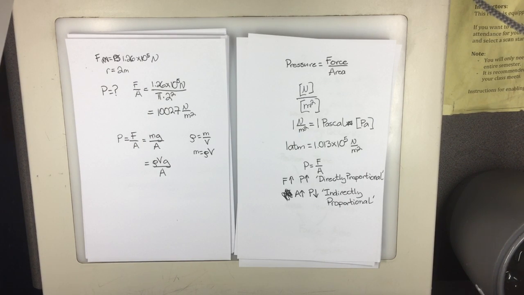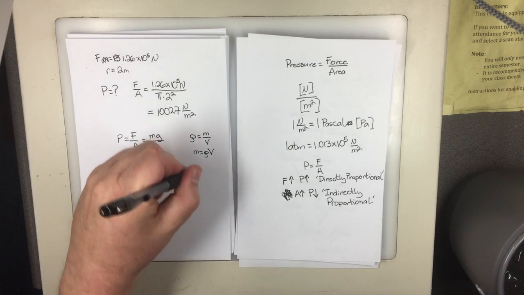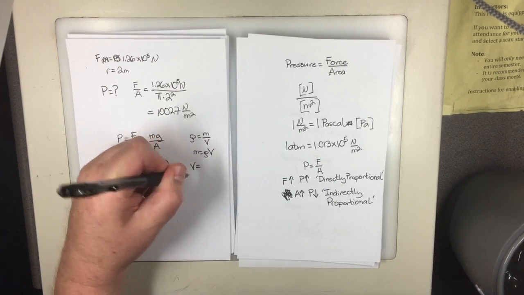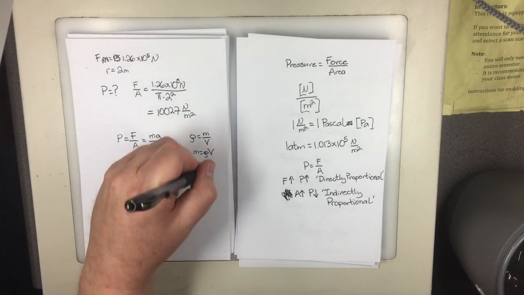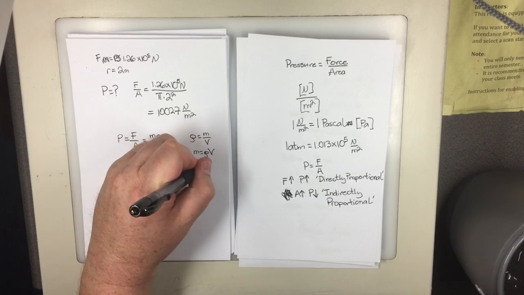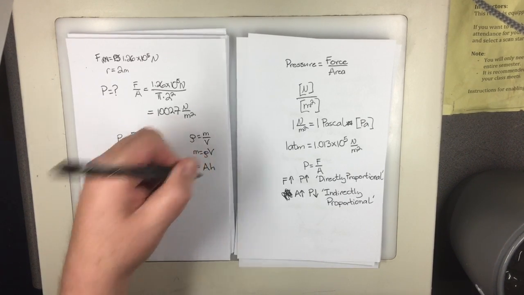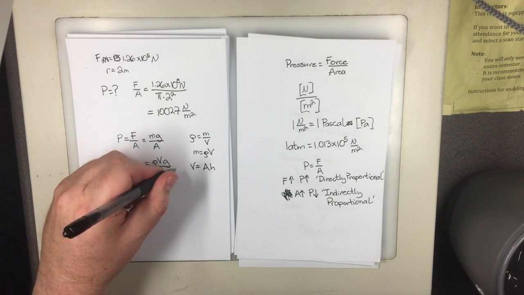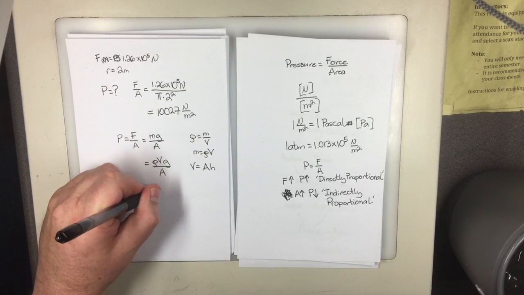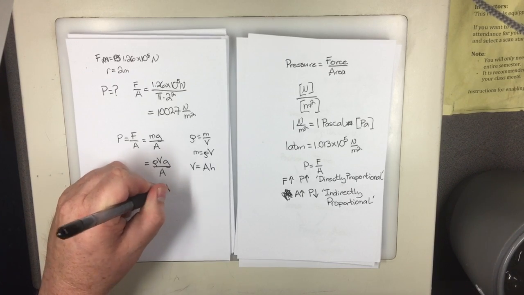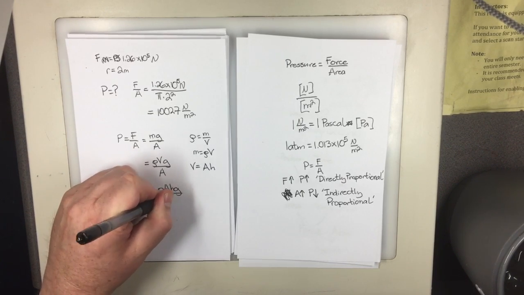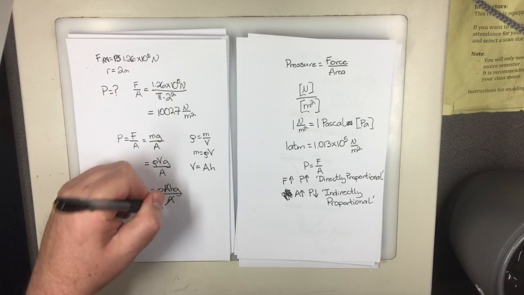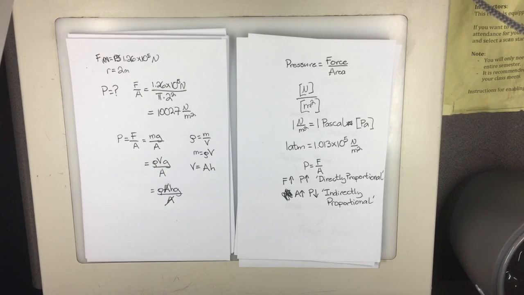Cylinders, its volume is pi r squared h. Or more generally, the base area times its height. Substitute that into here. Rho A H G over A. The areas cancel.